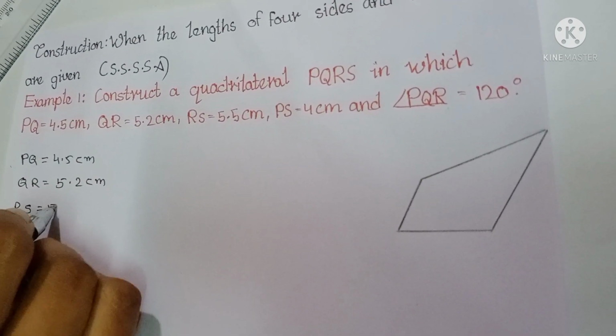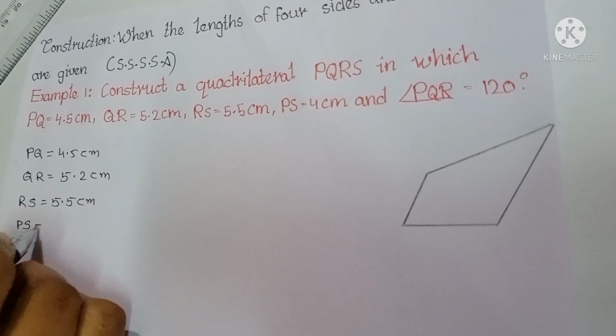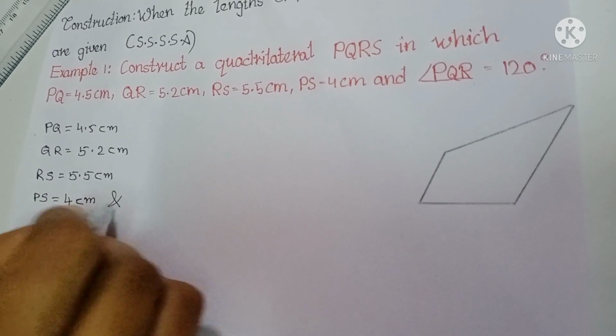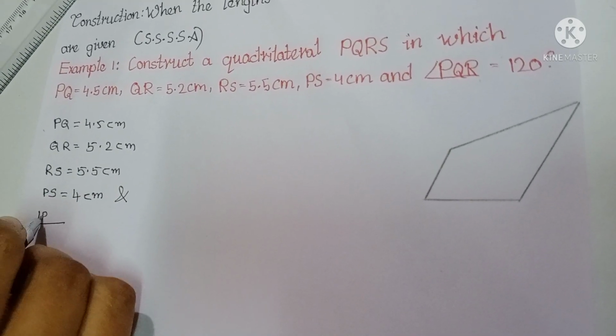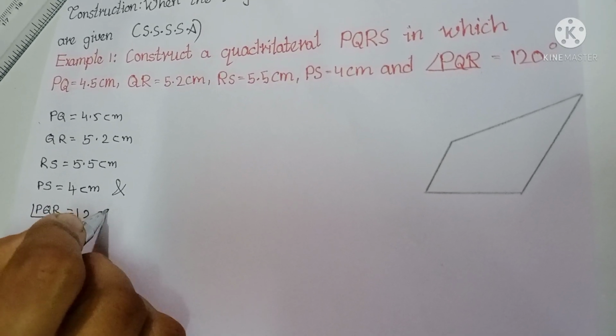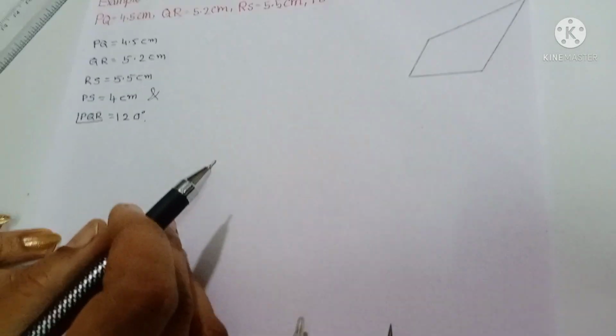RS is equal to 5.5 centimeters. PS is equal to 4 centimeters and angle PQR is equal to 120 degrees. First step.